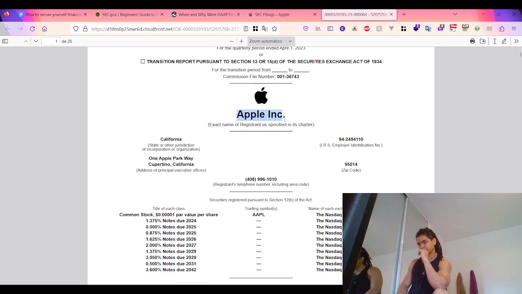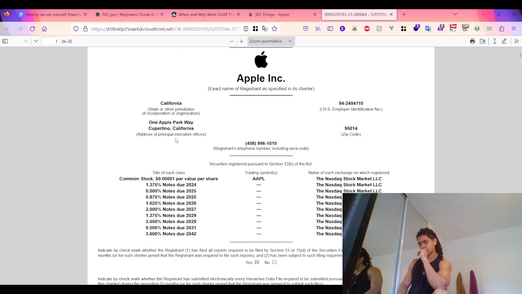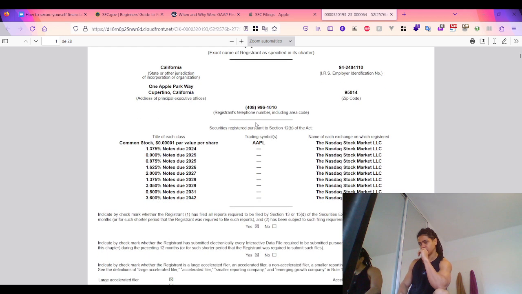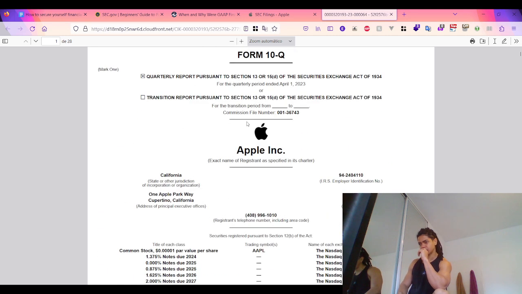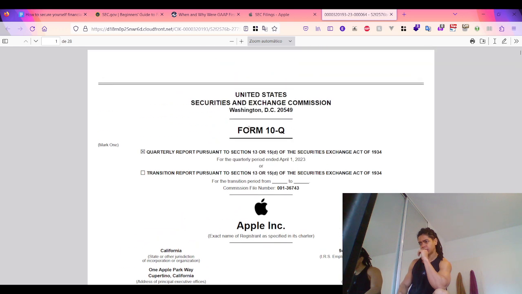Apple Inc., California, state of jurisdiction and incorporation, One Apple Park Way, Cupertino, California, IRS employer identification number, zip code, registrant's telephone. But this is what? Form 10-Q.